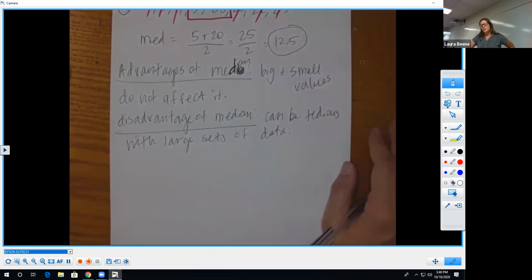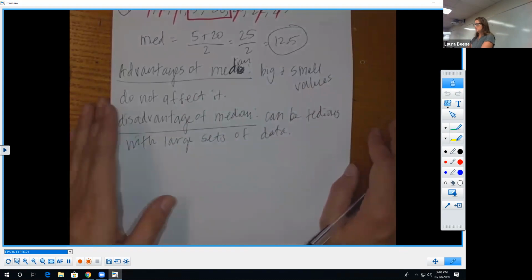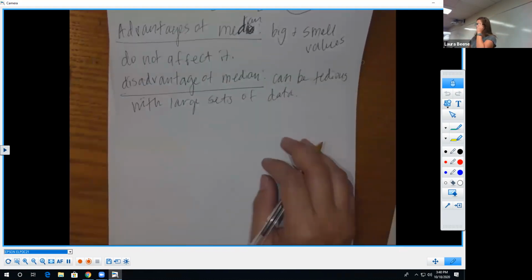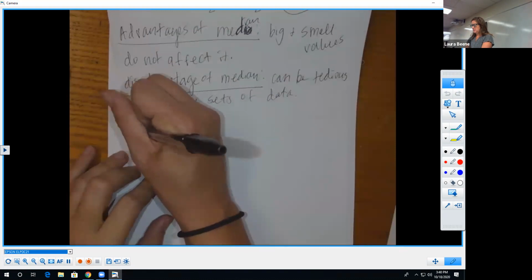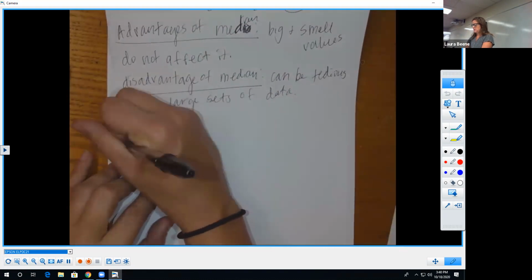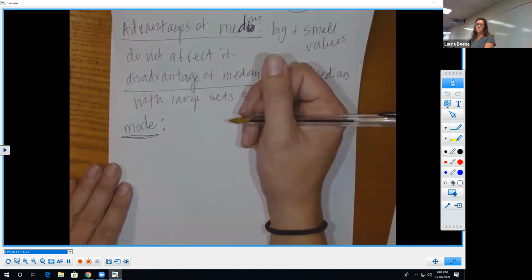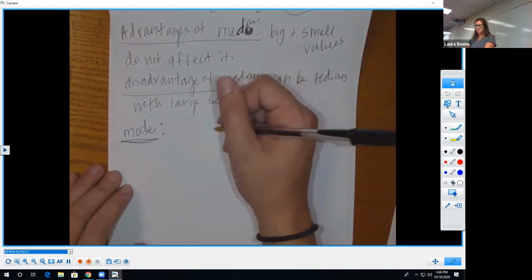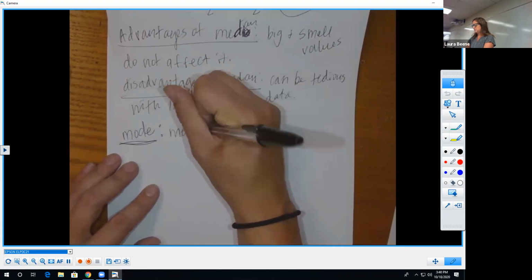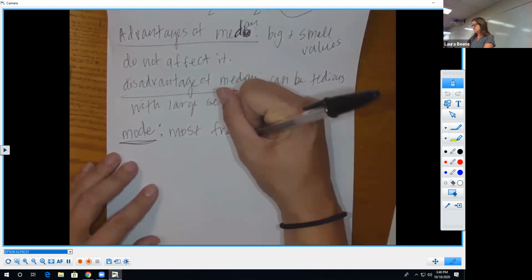Okay, so the second to last one we're going to talk about is the mode. So mean, median, mode. The mode is the most frequent value or the value that occurs the most.